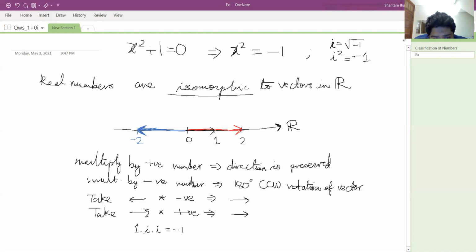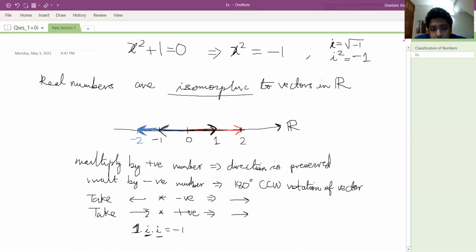This means take my vector 1, right? That's my number 1. Take my vector 1. Multiply it by i, multiply it by i again, and this equation says you are going to end up here at -1.